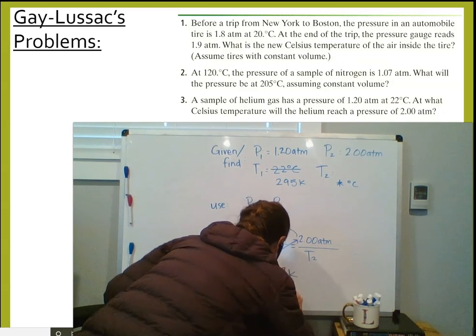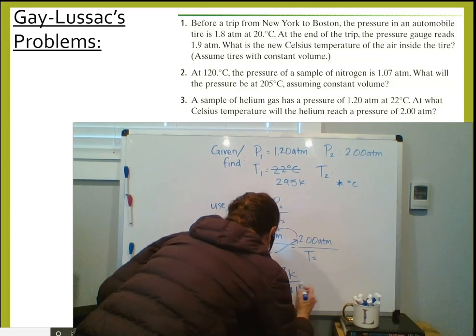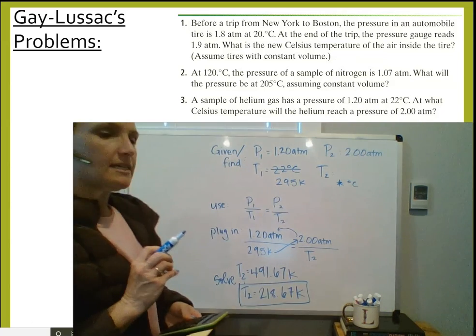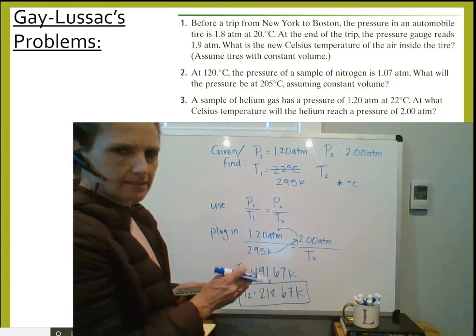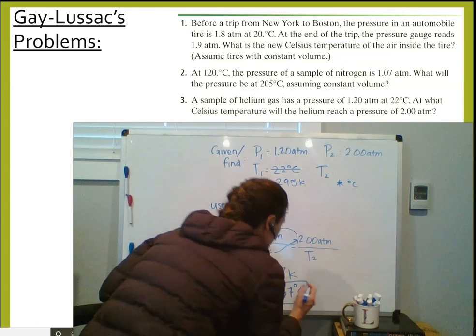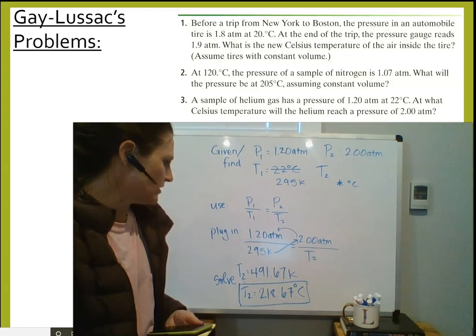And just one more reminder to keep your 2 decimal places and also to put a space between the 7, oops, not Kelvin, degrees Celsius, because we subtracted our 273.